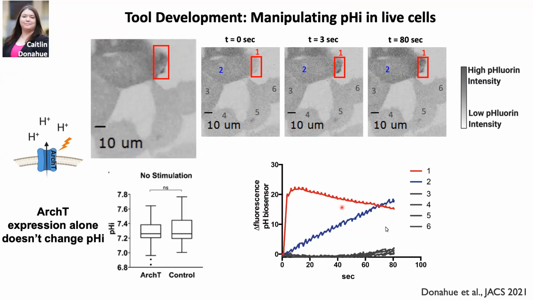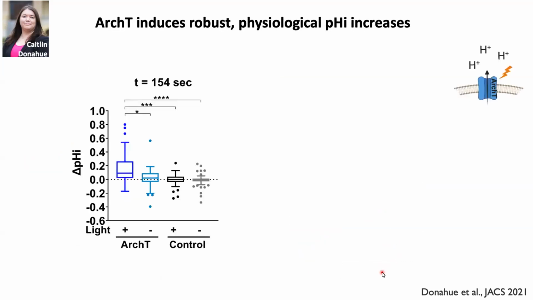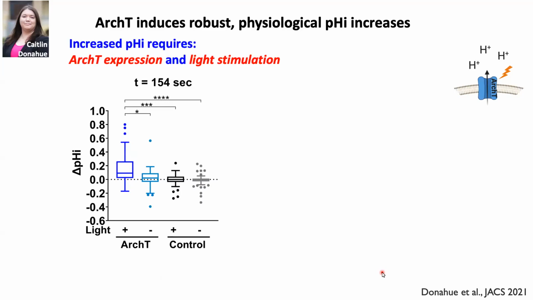Only in the stimulation ROI and the resulting stimulated cell, cell 2, do we see an increase in that biosensor fluorescence. The unstimulated cells are unaffected. So Caitlin collected data over many, many cells and found this to be highly reproducible and consistent. Increased pHi required both ArchT expression and light stimulation.